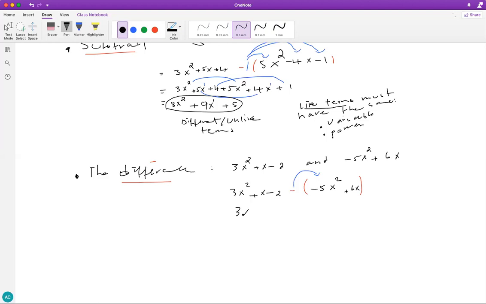So 3x² plus x minus 2. Then we distribute negative times a negative, plus 5x², minus 6x, from negative times the power, minus 6x. And now we can go ahead and combine like terms. Do we have a like term to this one?